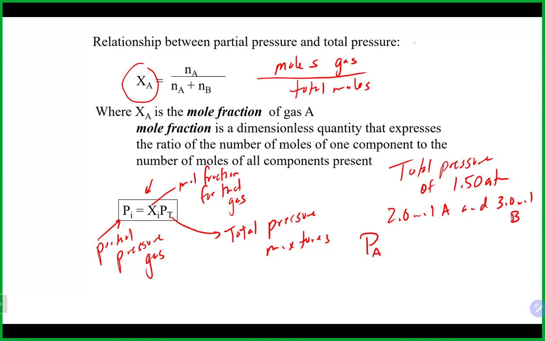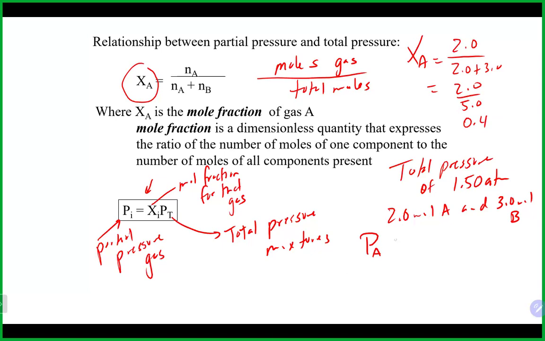If we wanted the mole fraction of A, that would be the moles of A divided by the total moles, which is 2 plus 3, so 2 divided by 5, which gives us 0.4. That is the mole fraction of A. It's basically 40% A flying around in that container, and 60% of the other gas.